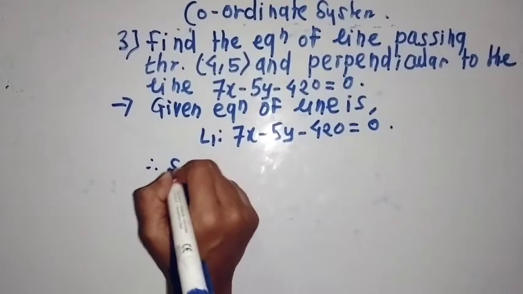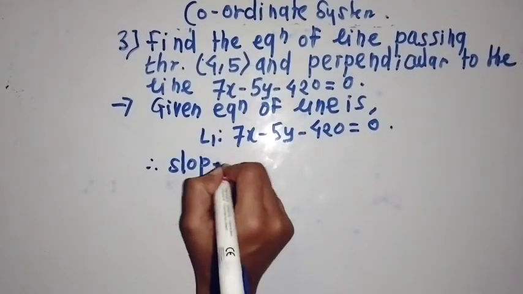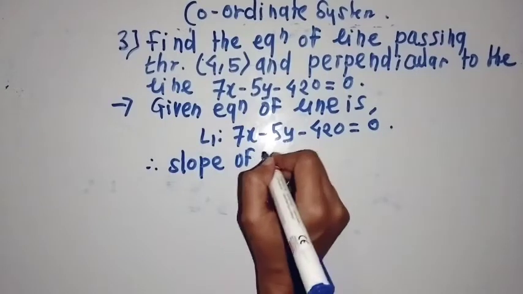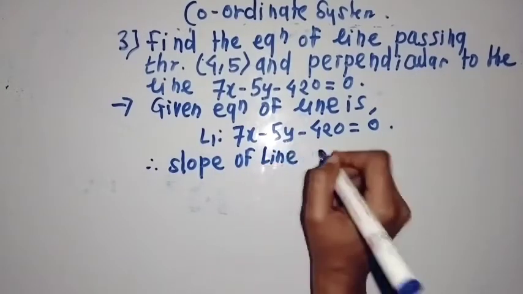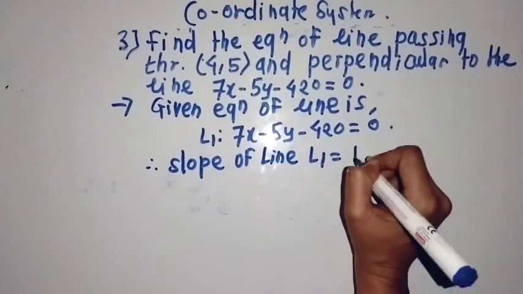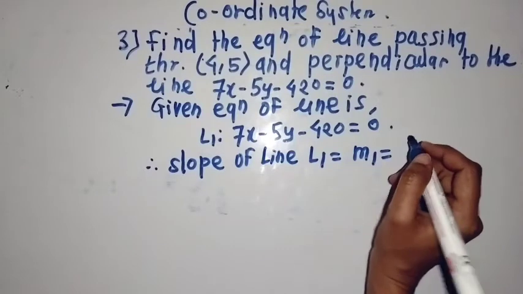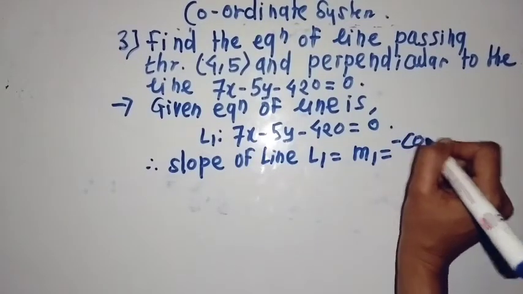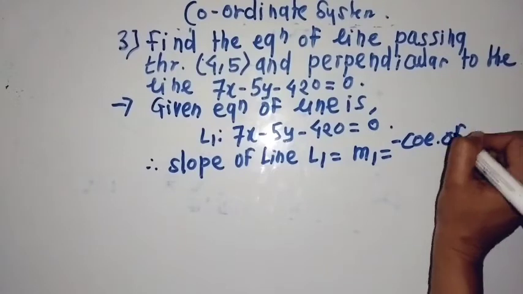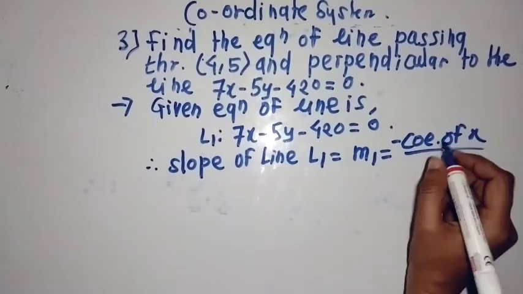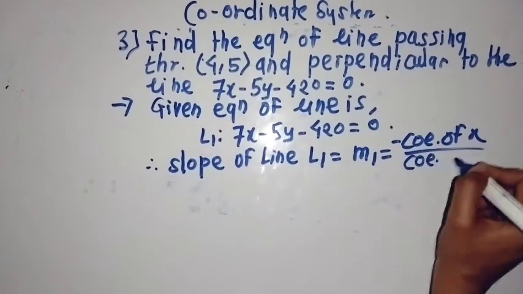Then first we find the slope of line L1: m1 is equal to minus coefficient of x upon coefficient of y.